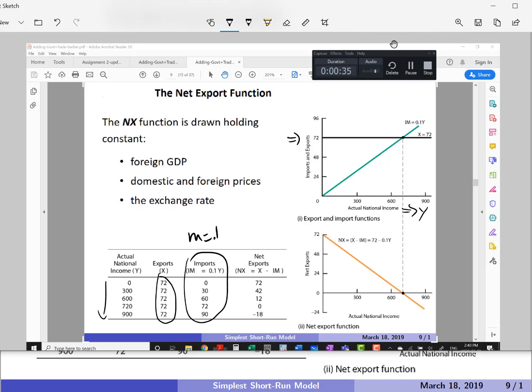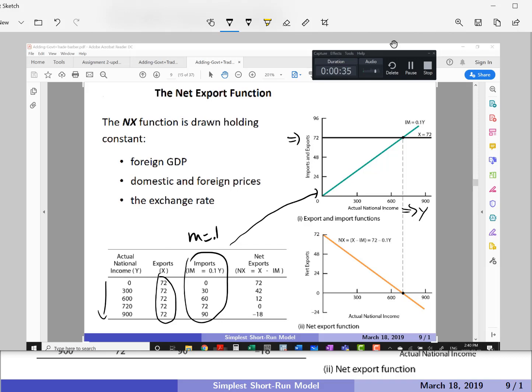So when actual national income is 0, imports are 0. When actual national income is 300, imports are 30, or 10% of that. And we can see that function drawn out with this green line in the top right.